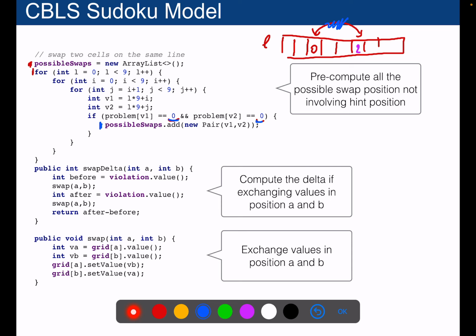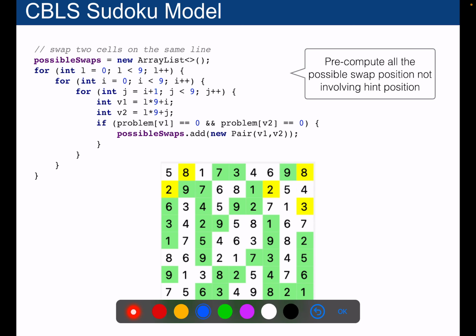So you only want to consider swaps between positions that do not involve a hint that is given in the instance. Okay, so that's the possible swaps that I will use. I pre-compute all the possible swaps at the beginning here.